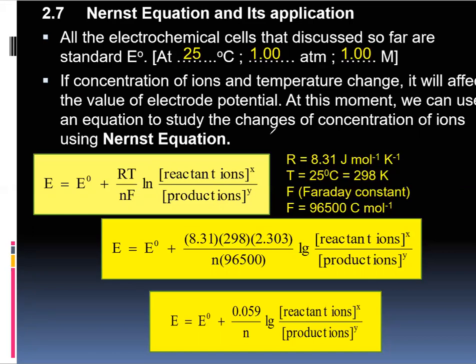In the most common situations, we don't have an ideal situation whereby your temperature will be a perfect room temperature, 25 degrees Celsius, perfect atmospheric pressure, 1 atmosphere, and you have 1 mole per dm³. No, most times this is not the case. So how do we calculate the actual electrode potential when we know the standard, and vice versa?